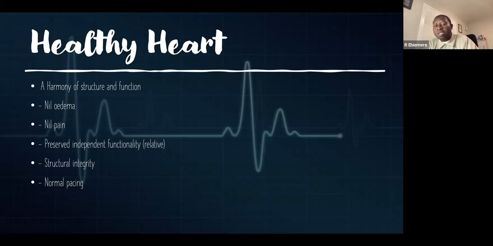For somebody who doesn't understand, this is referring to what you would see when you did a heart trace using a device such as an electrocardiogram, because sometimes the structure might look physically okay, but you might have issues with the pacing. Hence the reason I showed you some of the anatomical correlation.